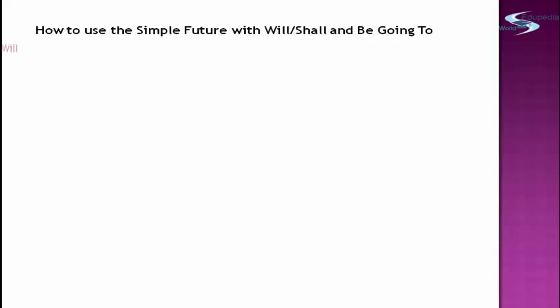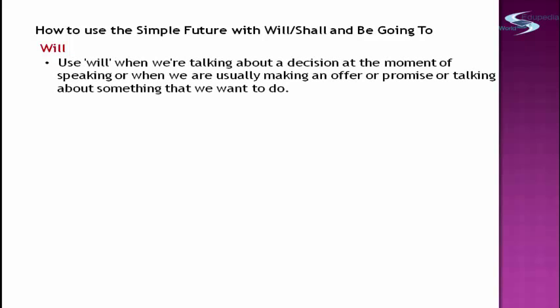Okay, this is a continuation of how we shall use will in the simple future tense. We use will when we're talking about a decision at the moment of speaking, or when we are usually making an offer or promise, or talking about something that we want to do.